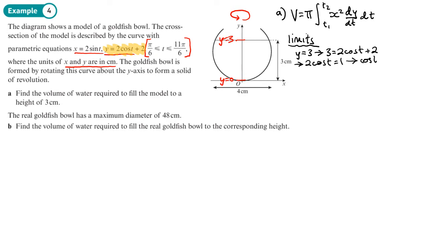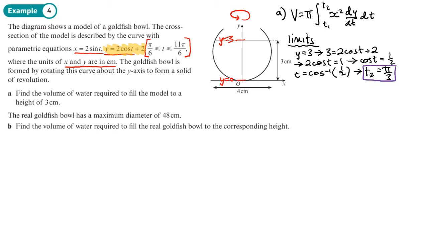Cos t equals a half. So we do the cos inverse of a half to get my limit of t2. That's the one at the top. So cos inverse of a half gives me pi over 3. Okay, so that's my upper limit, so it goes at the top.